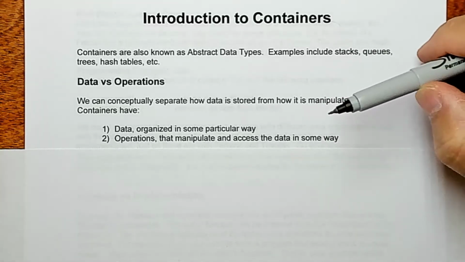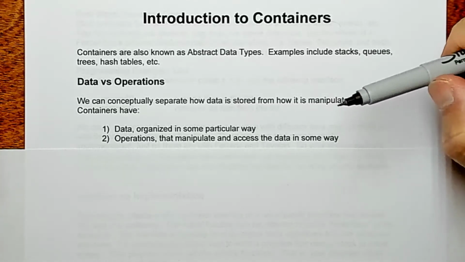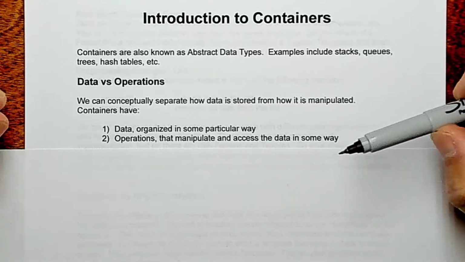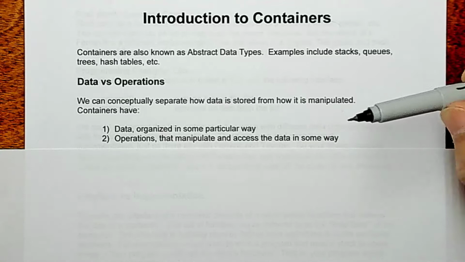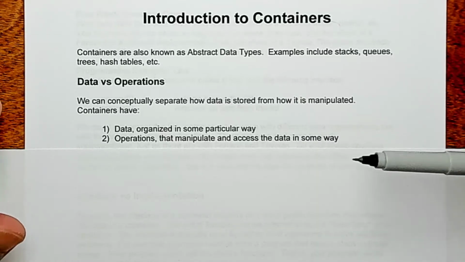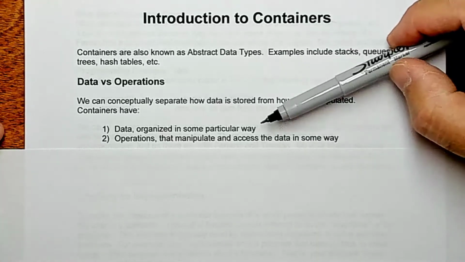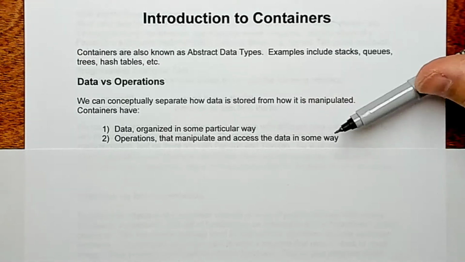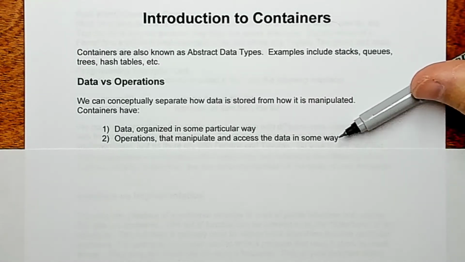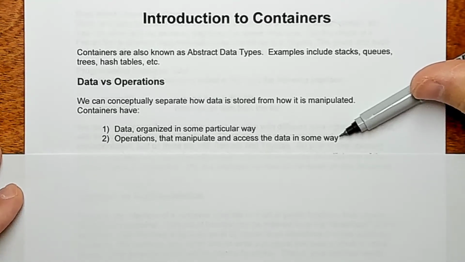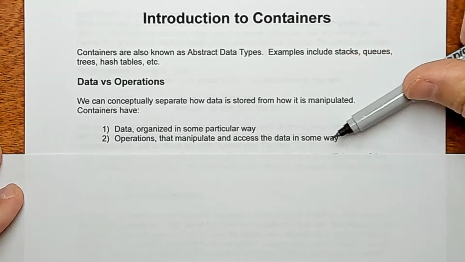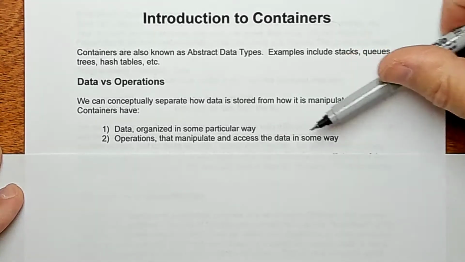Or in the case of something more elaborate like a graph, you might want to find the shortest path through a graph or find the total cost of a path or something like that. So the way that you organize data affects the kinds of things that you can do to that data. And those things that you're doing to the data, the operations, are going to have various time complexities depending on how the data is organized and what you're trying to do.